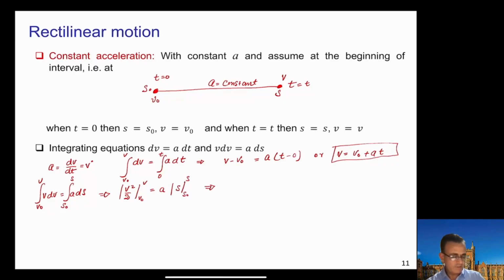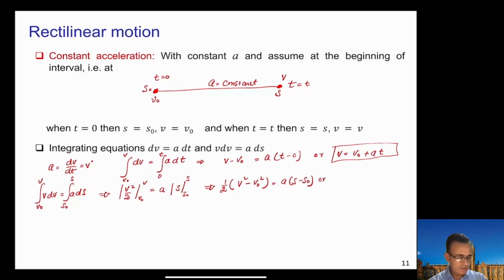And you can further simplify this equation. You will say that it's v square minus v naught square, we are just putting the limits of integration, the upper limit minus the lower limit. And on the right hand side, what you have is a times s minus s naught.